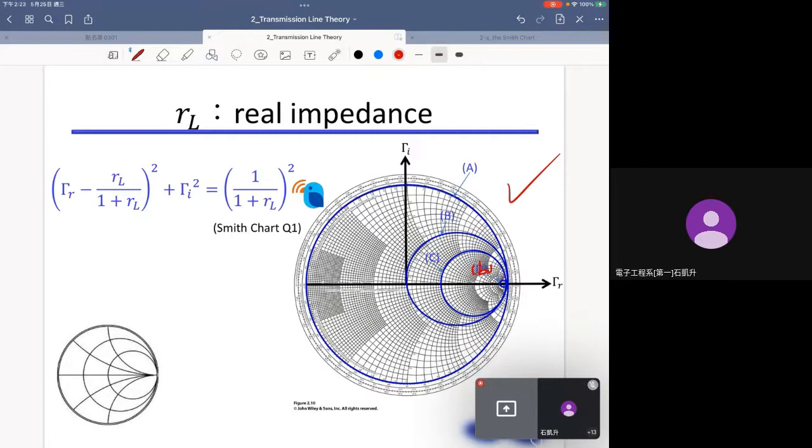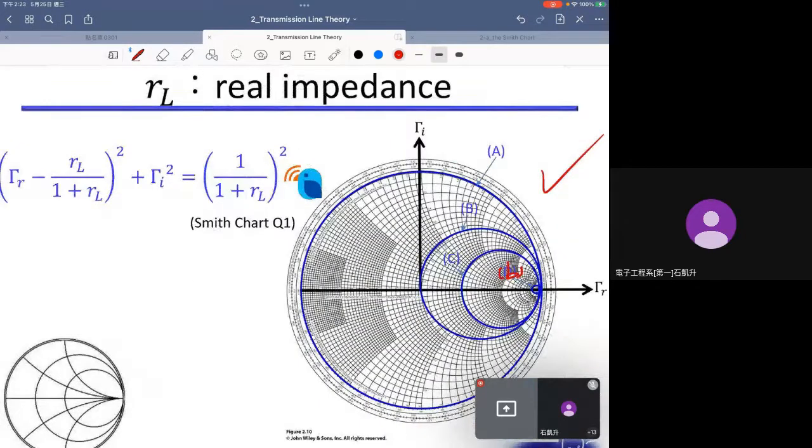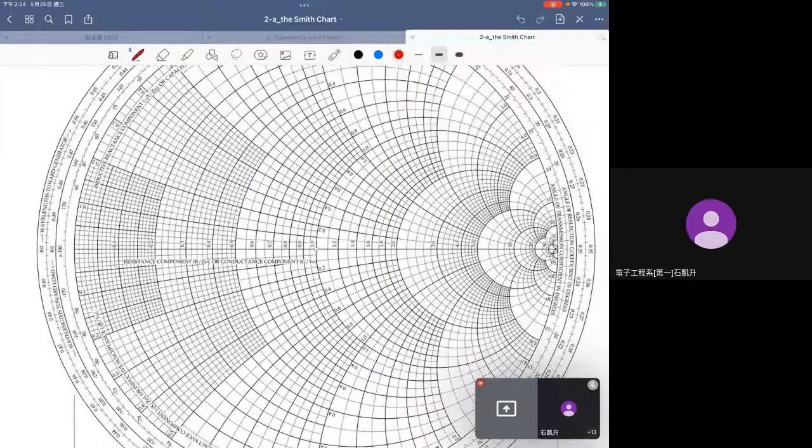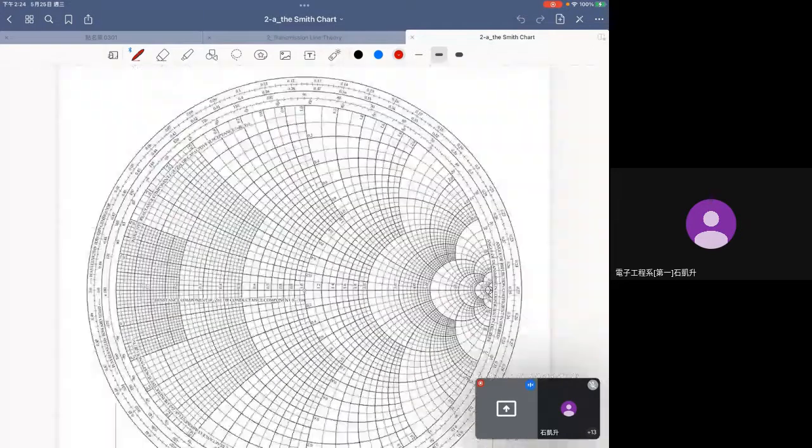Okay. Before we take a break, I want you to see your Smith chart. Everyone, check your Smith chart. You can see that on the Smith chart, there are a lot of real circles. I use the blue one.